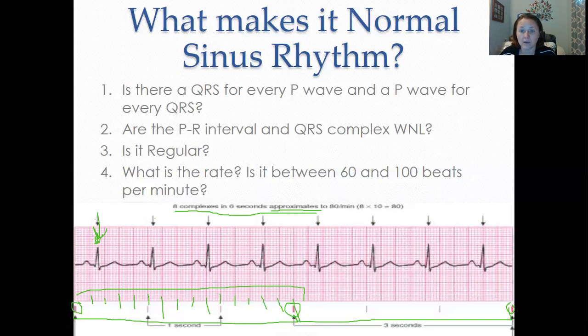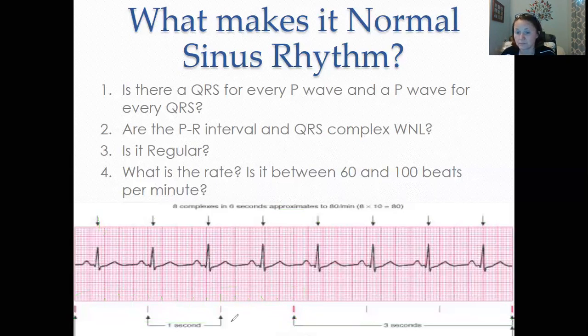The other thing you can do is count the number of large boxes between QRS complexes and divide into 300. These methods are not as accurate, I will tell you.